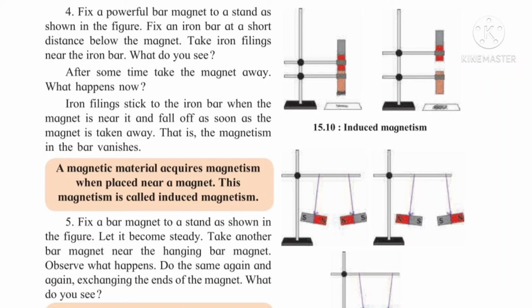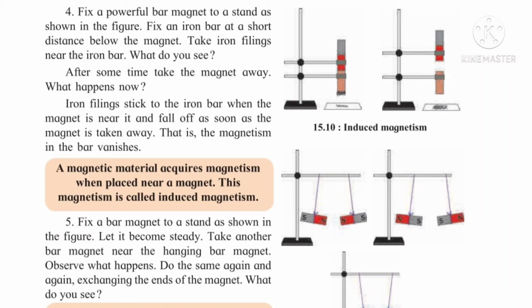This indicates that when the magnet comes in contact with the iron bar, the magnetic property from the magnet is transferred to the iron bar. Now the iron bar behaves as a magnet.